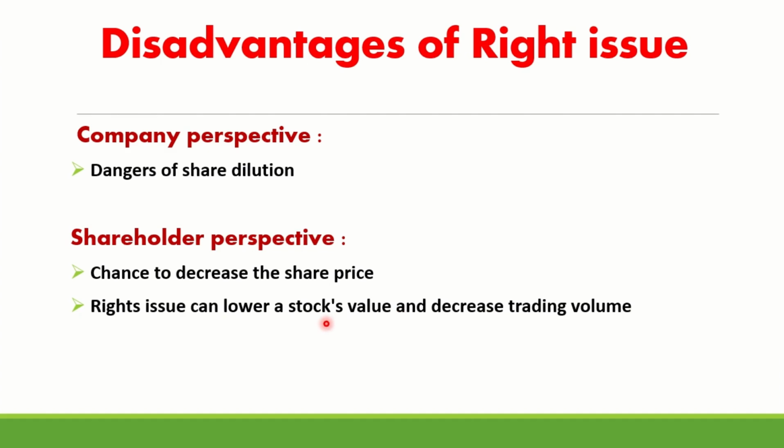Say the stock is right now trading at 40 rupees. Once the rights issue is made, there is a chance it decreases to 30 or 20, like that. In some cases, that amount goes to a growth project, and in that sense it will increase. So two ways are available. There should be a decrease in price, as well as a decrease in trade volume.